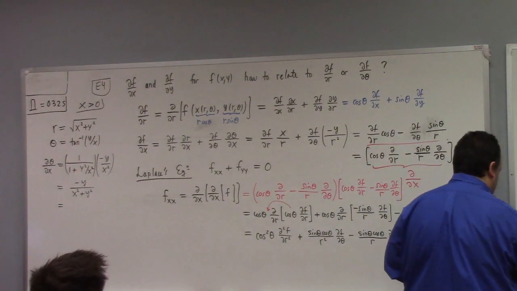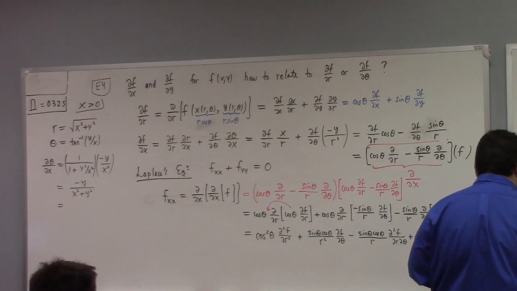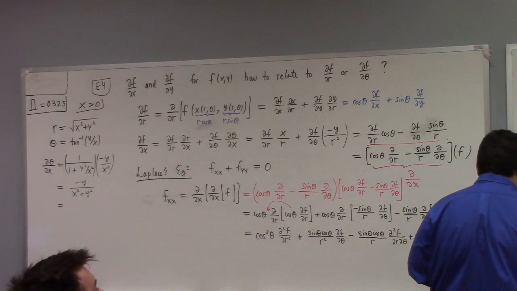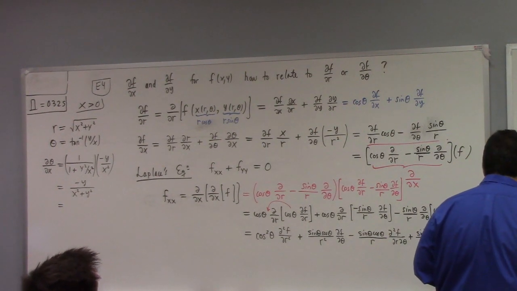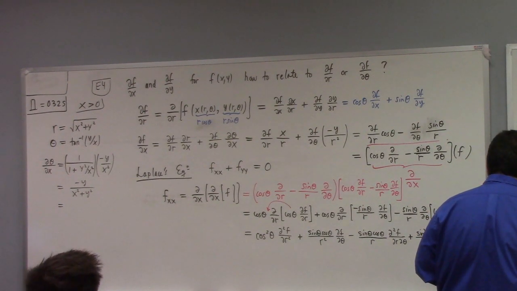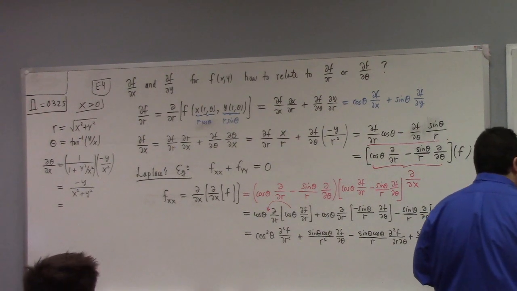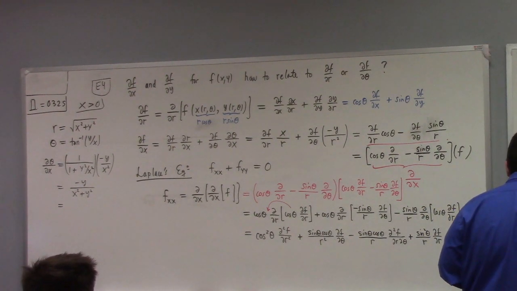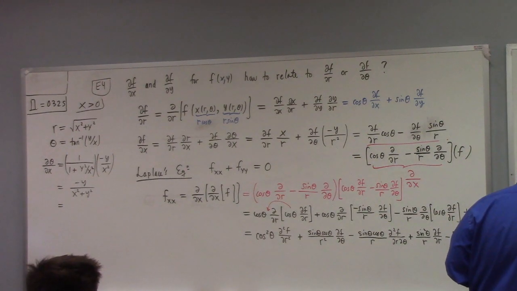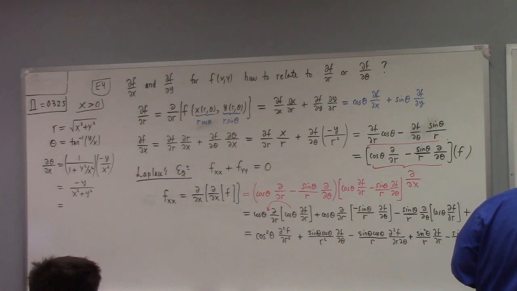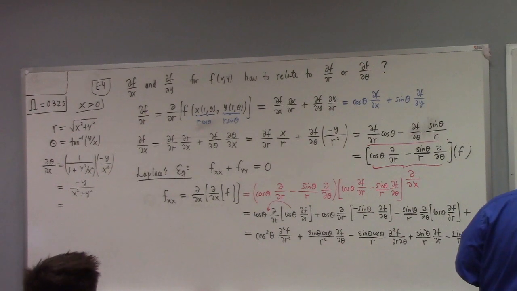And then over here, we've got sine theta cosine theta over r squared partial f partial theta, plus sine squared theta over r squared partial squared f partial theta squared.